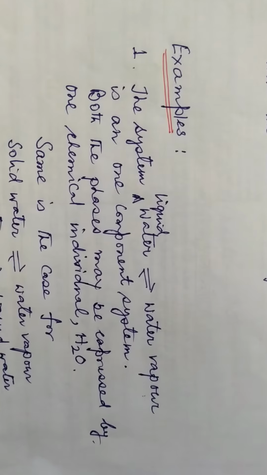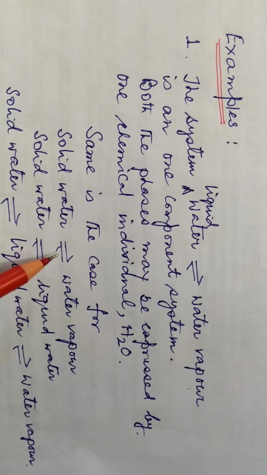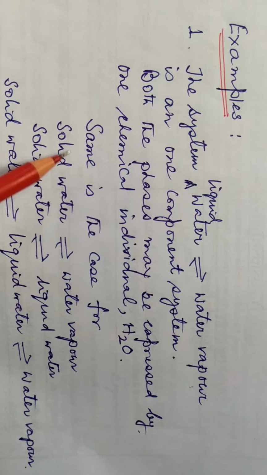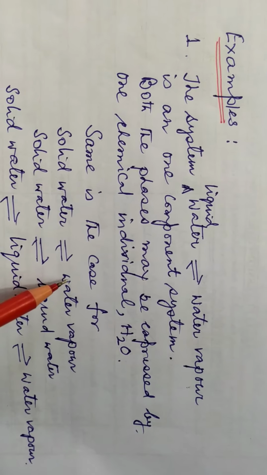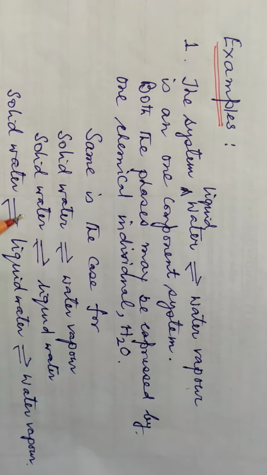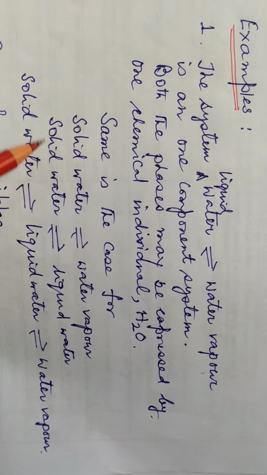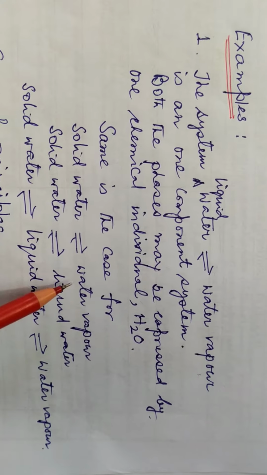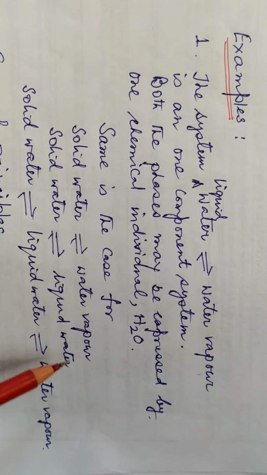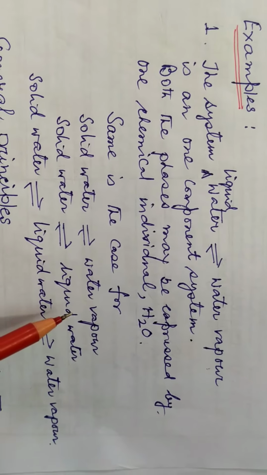Same is the case for solid water in equilibrium with water vapor. Here solid water is expressed as H2O and water vapor is also expressed as H2O. Solid water in equilibrium with liquid water: solid water is expressed as H2O, liquid water is also expressed as a single entity H2O. So this is a single component system.